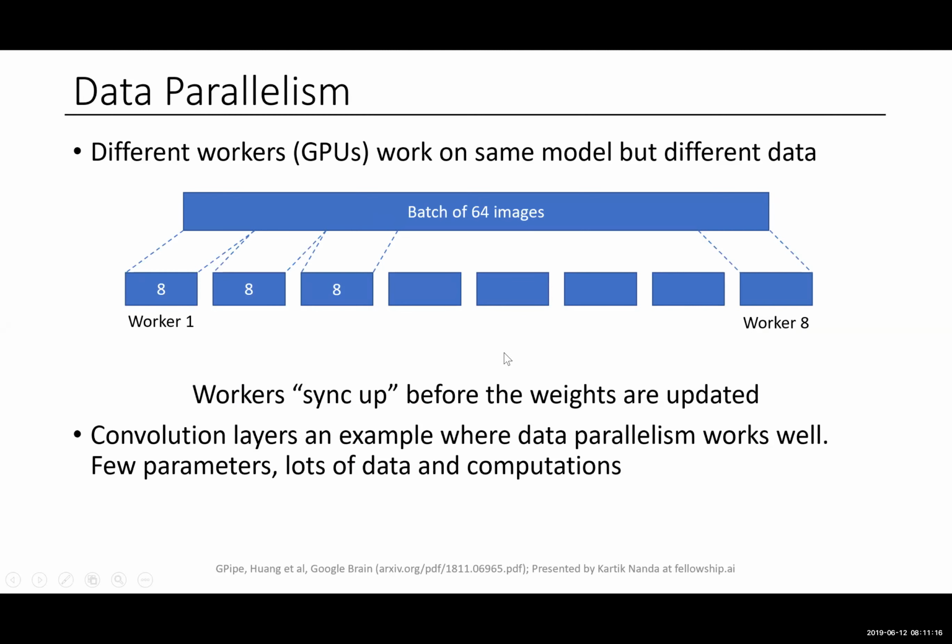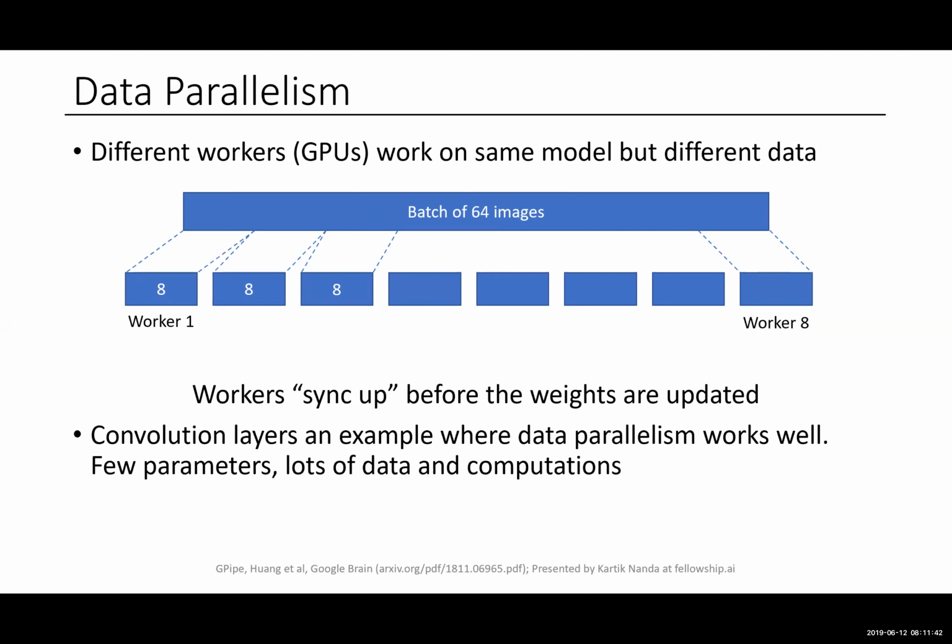Each worker has exactly the same model, but works on just a small set of the 64, so 64 divided by 8, meaning 8 images each. Instead of one worker working on 64 images, you've got 8 workers working on 8 images, and theoretically at the end, they sync up and you get the exact same result.